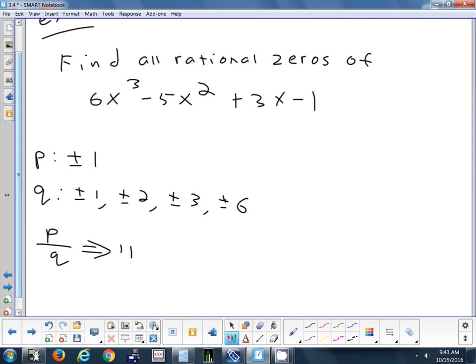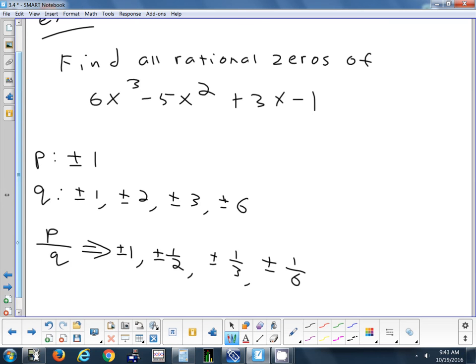Yep, plus or minus 1. 1 over 2. What else? 1 over 3. Before you get to that one, plus or minus, yep, plus or minus a half. Plus or minus 1 over 3, plus or minus 1 over 6. So if there's a rational root, it's one of these 8 numbers.